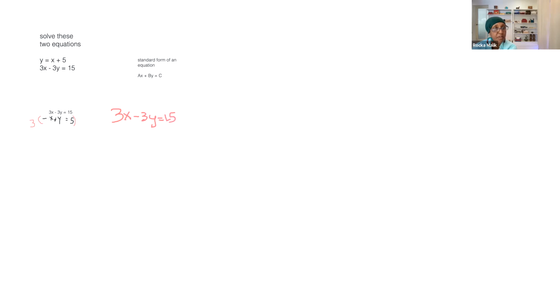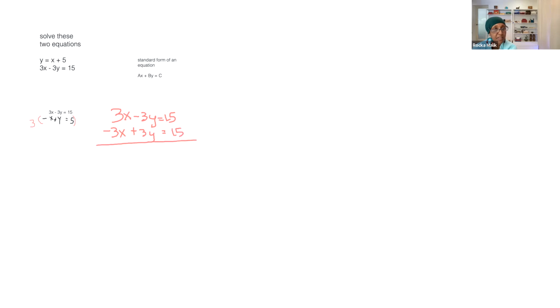And the bottom one, 3 times minus x is minus 3x. 3 times y is plus 3y. And 3 times 5 is 15.